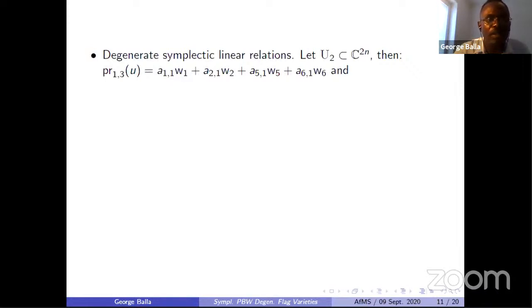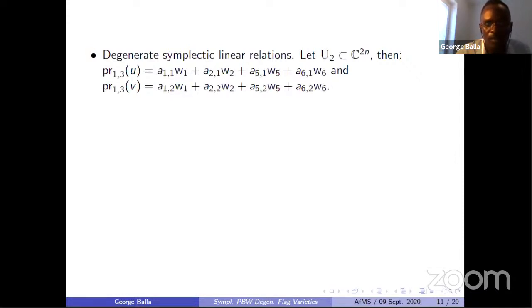So in our case, the first component will contain vectors W1 to W2, and the last component will contain vectors from W5 to W6. So the middle component with W3 and W4 will not appear here because those are exactly the vectors or the elements which are sent to 0.